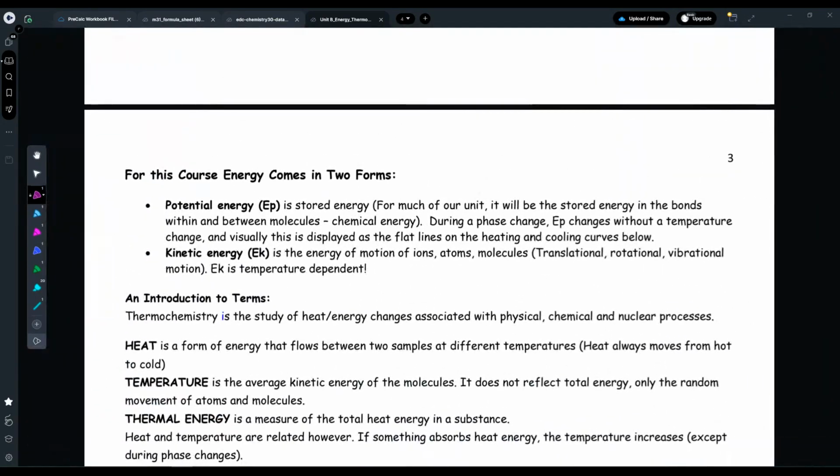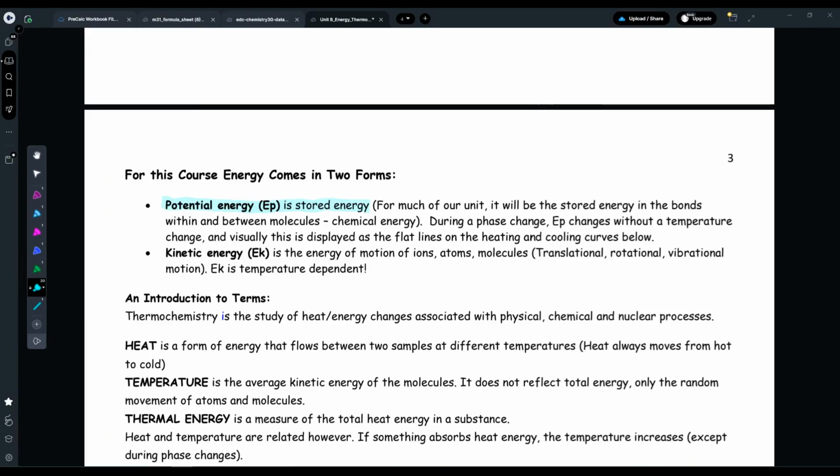Okay, so getting started with some terms for thermochemistry, we need to understand the difference between potential energy as well as kinetic energy. Potential energy is stored energy. For much of our unit, it will be the stored energy in chemical bonds within as well as between molecules.